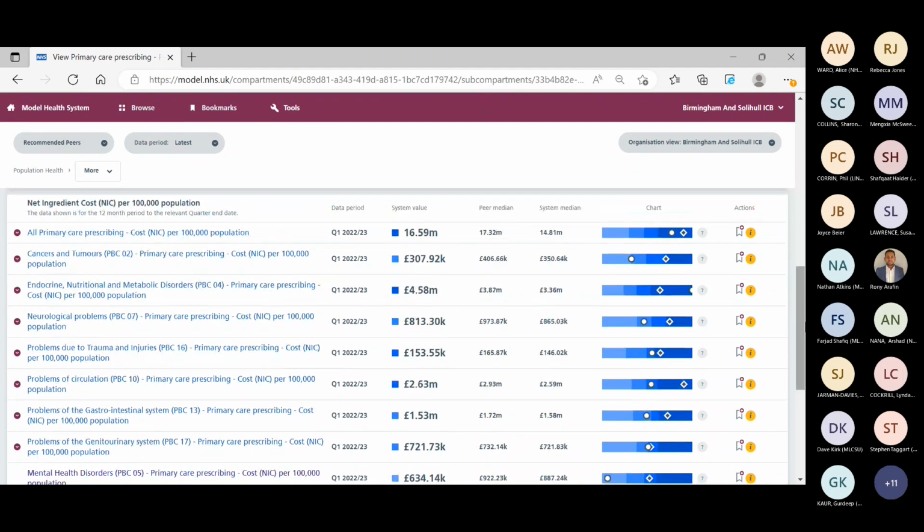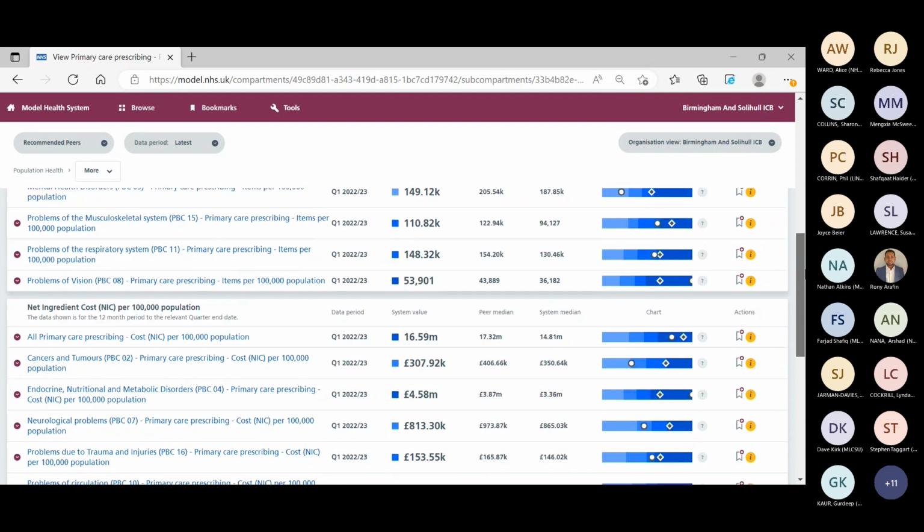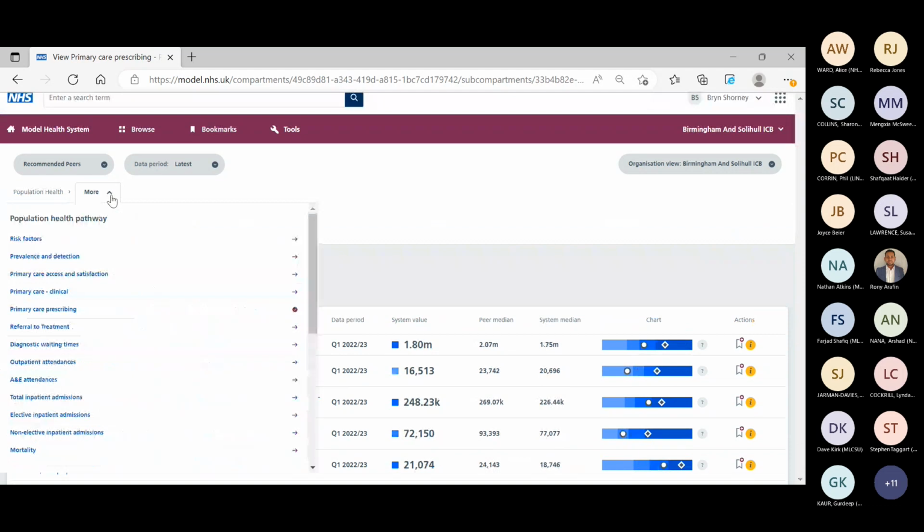So again, age sex standardized per 100,000 population, and again broken down by program categories. The inpatients was done on the diagnosis codes. There's a mapping of the individual chemicals that go to each of these program categories. So just to make you aware of that information as well.